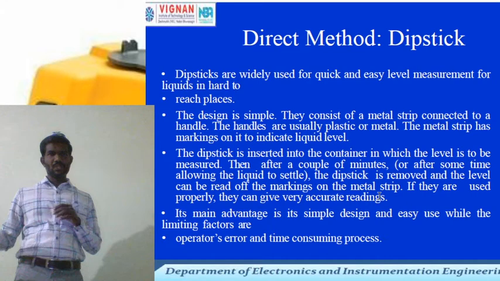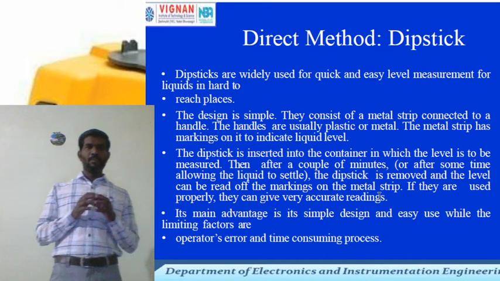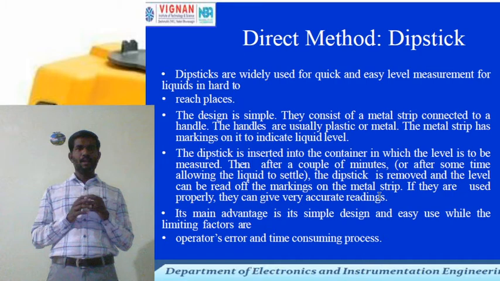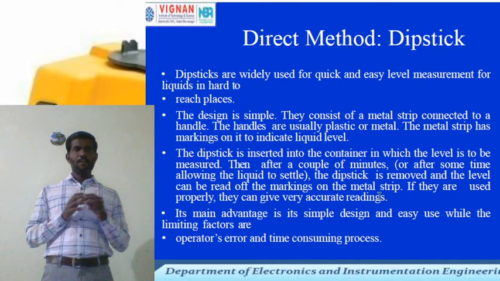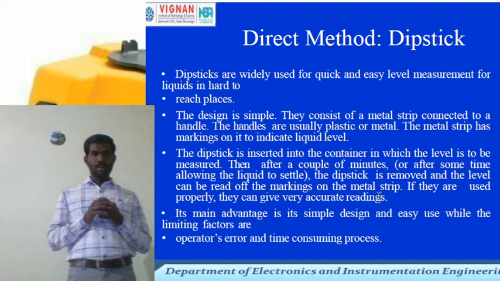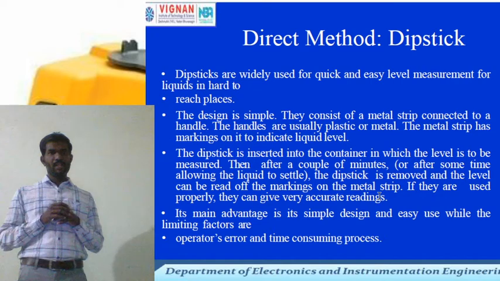The dipstick is inserted into the container in which the level is to be measured. Then after a couple of minutes, the dipstick is removed, and the level can be read out from the markings on the metal strip. If they are used properly, they can give very accurate readings.